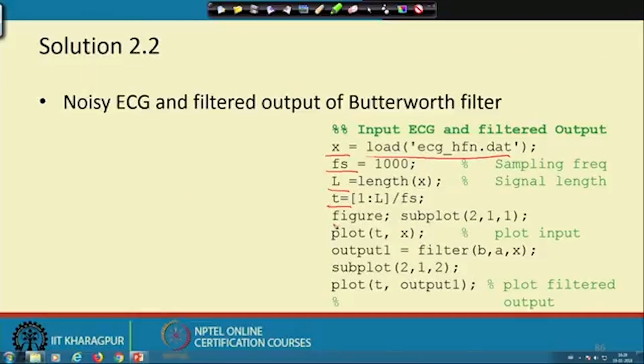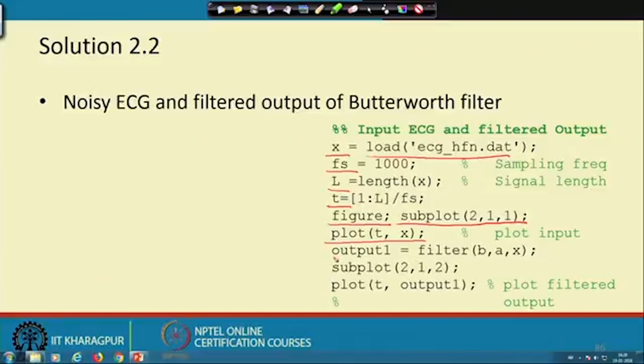For the figure and the plot, we create a new figure, and we use the subplot command to divide the figure into two parts, into two rows, and in the first row, the top row, we plot the input signal with respect to the time t.